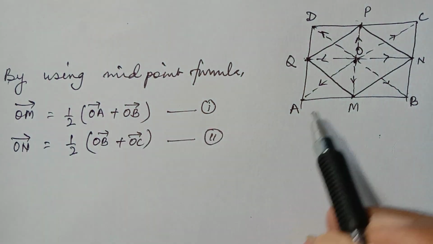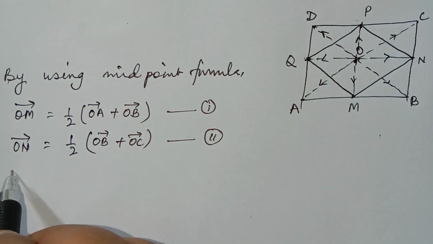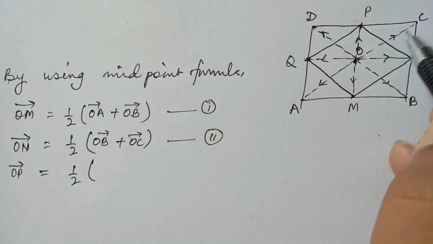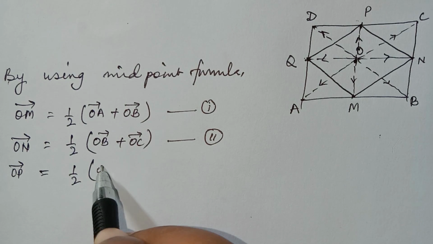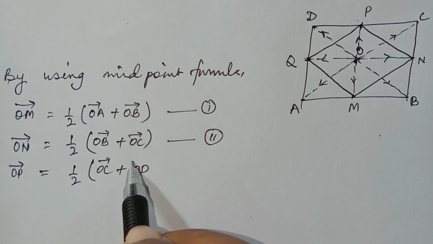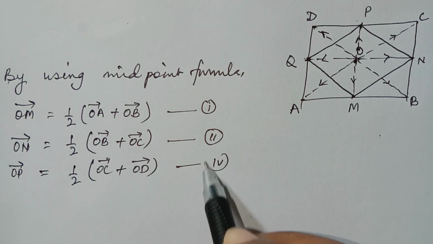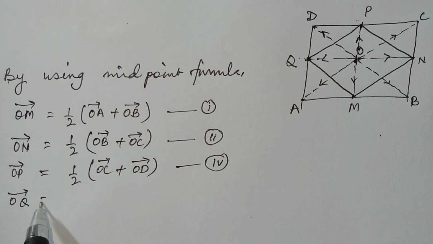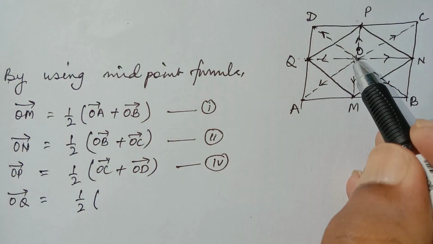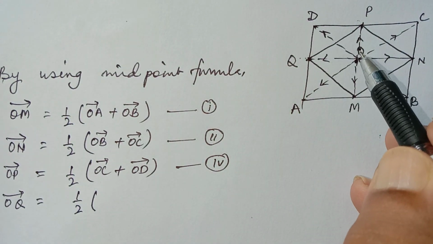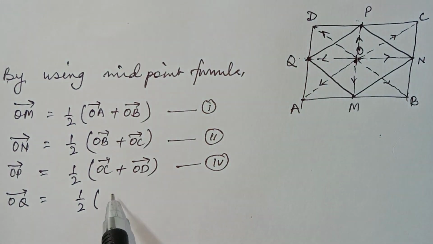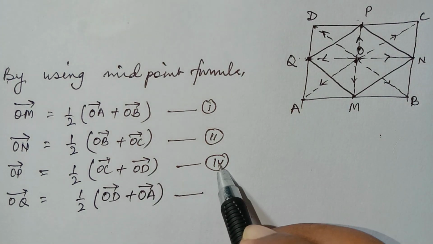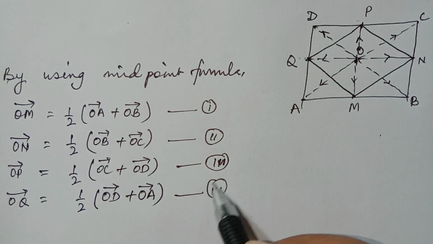This is number 2. We have vector OP equal to half of vector OC plus vector OD, this is number 3, and now we have vector OQ equal to half of vector OD plus vector OA, this is number 4.